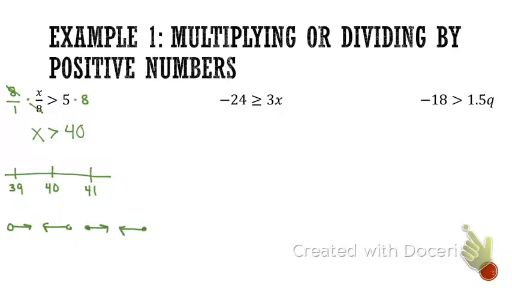All right, and those are your options. So then you would click whatever option you think would represent this inequality. So x, or all numbers greater than 40, would be a solution. So this is greater than, it's not equal to because there's no equal to bar underneath. So greater than, my arrow would go to the right.